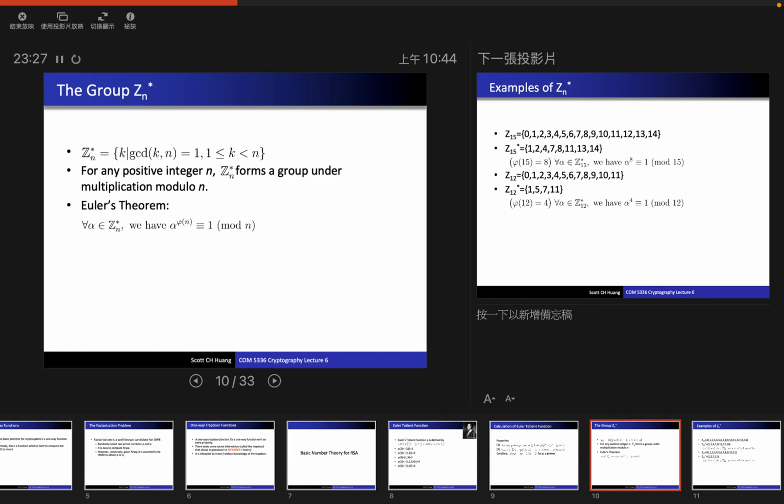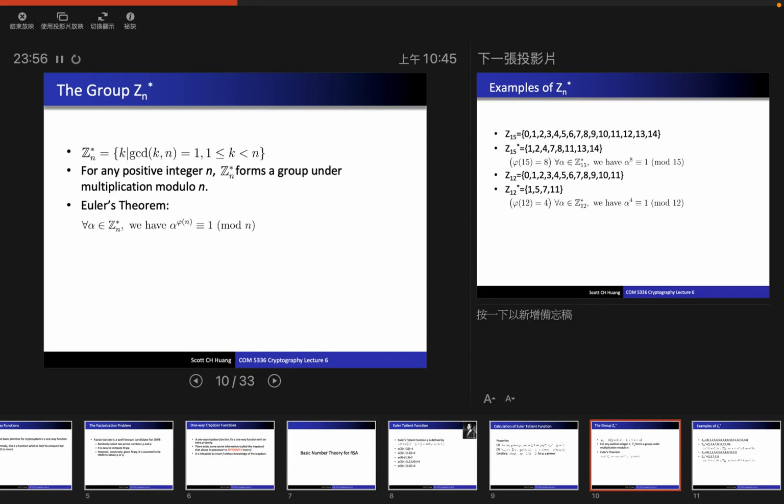If you recall, when we talked about AES, we talked about the extended Euclidean algorithm. When we talk about numbers mod something, whether or not the inverse exists depends on whether or not that number is relatively prime with n.